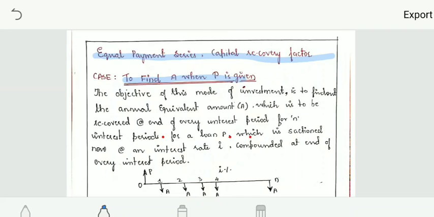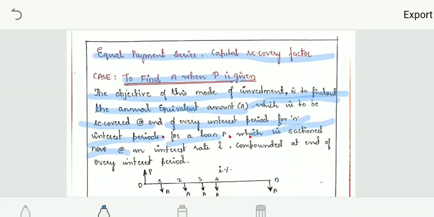So that is why the symbol is A by P. Here the objective of this mode of investment is to find out the annual equivalent amount A, did you understand? Which is to be recovered at the end of every interest period for n interest periods for the loan P, which is sanctioned now at an interest rate I, compounded at the end of every interest period.